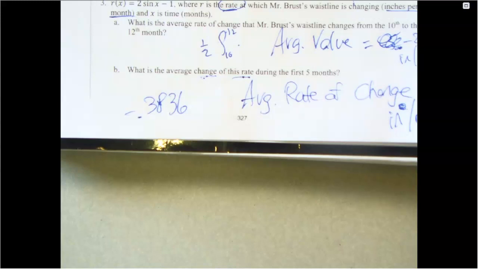Divided by... I got 2.5. Okay, oh, we need to zero.